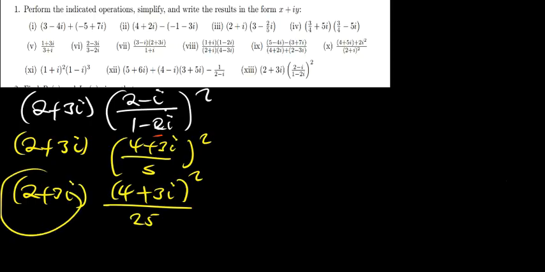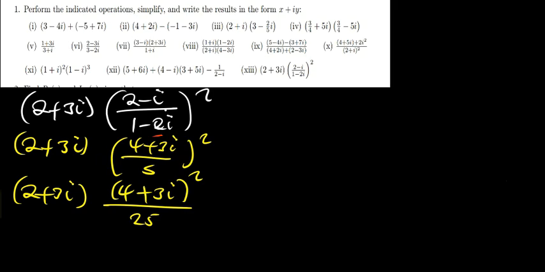Then you have 4 plus 3i, I square it, then even this one we have to square it, which is going to be 5 squared is 25. So we can simplify first the top part, and then later on we do it with the one which is here.